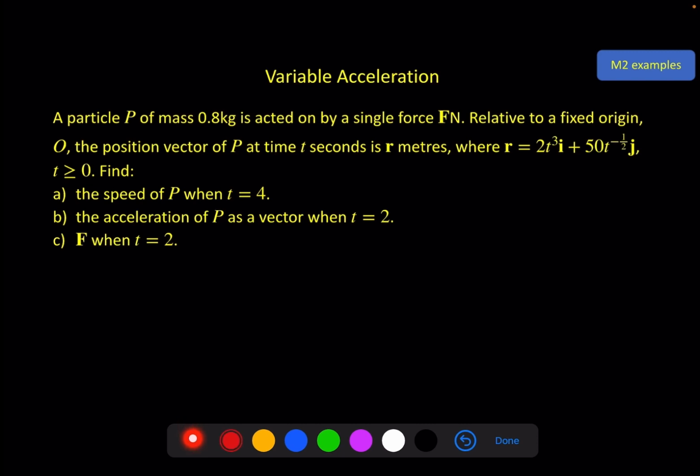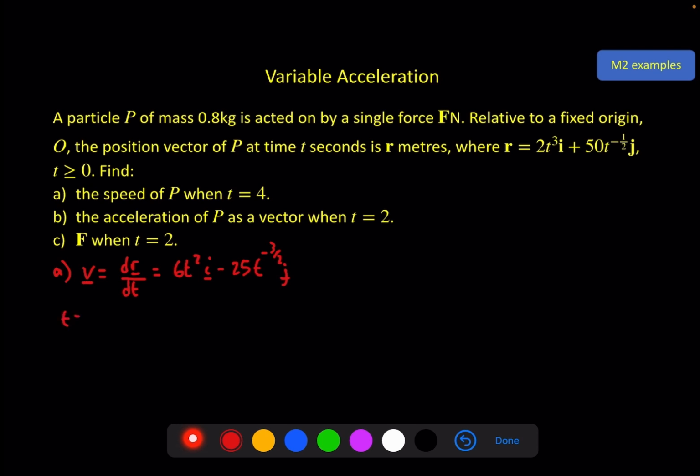First, we need to find the velocity function, where v as a vector is equal to the derivative of the vector r with respect to t, or r dot if you like that notation. So applying what I said in the notes, we need to do this independently, i's and then j's. 2t cubed becomes 6t squared for the i component, and then we've got minus 25t to the minus 3 over 2 for the j component.